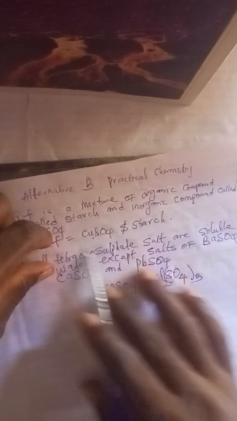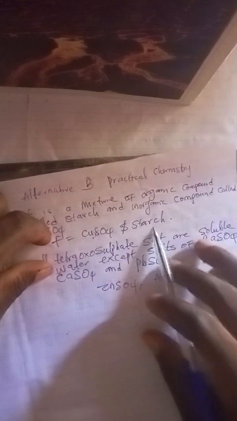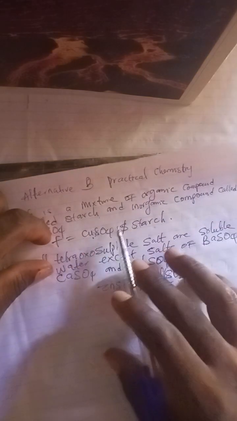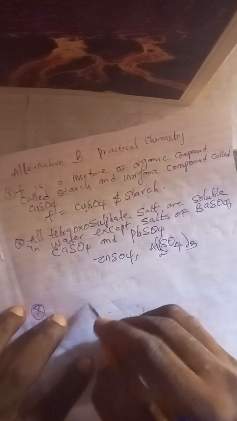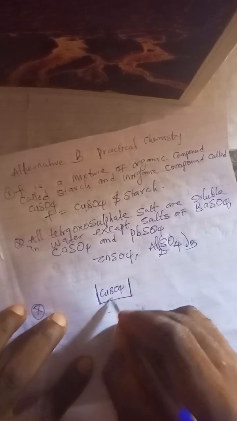So in these two salts, we say that this one is soluble in water, that when you add water to this, water will dissolve this one, but water cannot dissolve this one. When you have a beaker like this, then you pour this sulfate salt and starch here and add water.